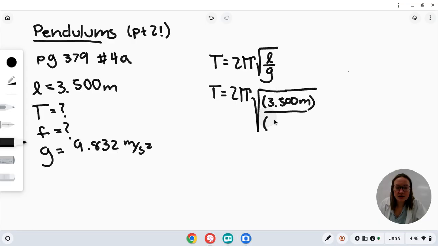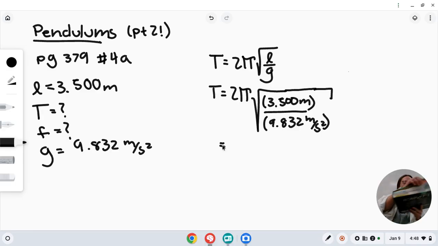And g here is 9.832 meters per second squared. Plug that into my calculator, and you get a final answer. Go ahead and try it now while I pick up the pencil I just dropped on the floor.